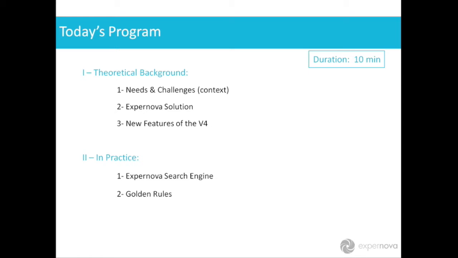We'll go over the tool as it stands in terms of the content of the database our analysis is based on, and then obviously have a look at what's new. In terms of the practical side of today, we will have a little reminder of how to use the tool, especially the essential differences between version 3 and version 4, and a reminder of the golden rules, so the different operators that are available to carry out your searches on the tool.